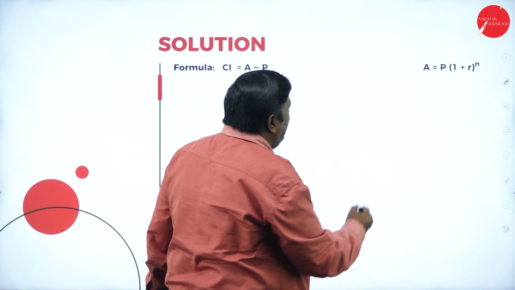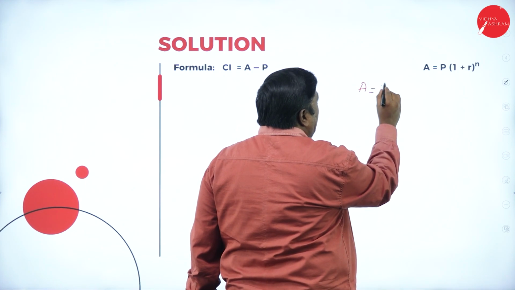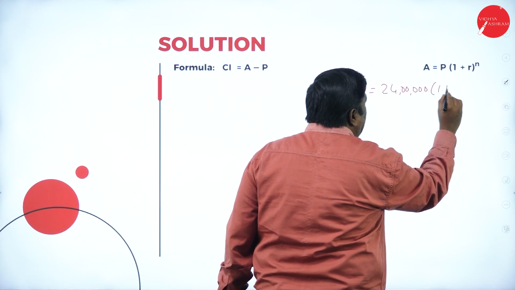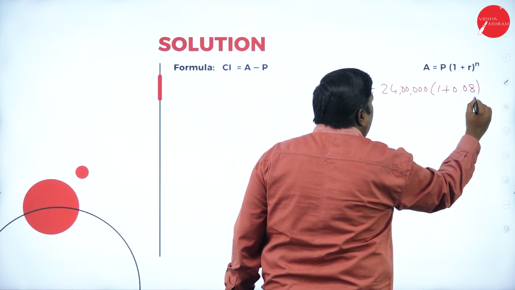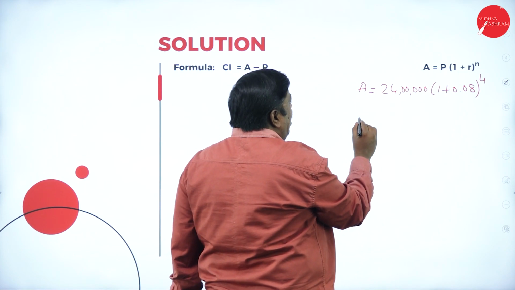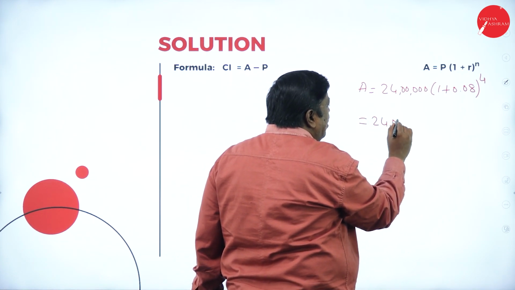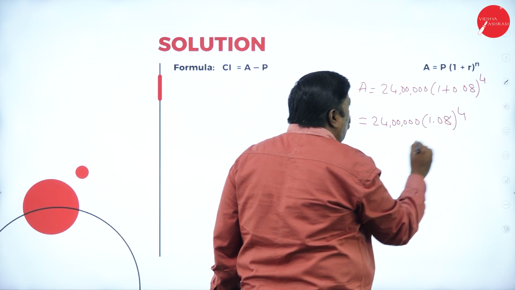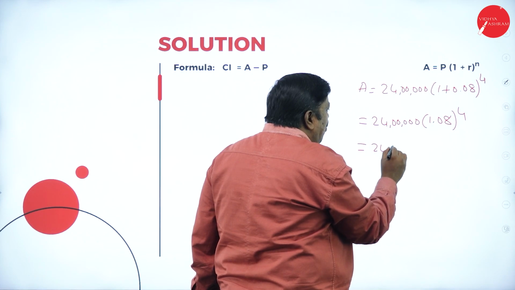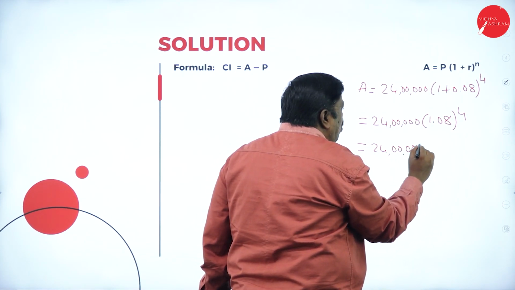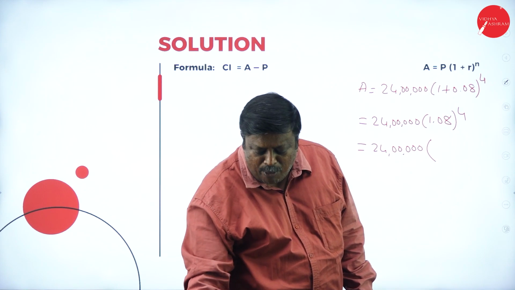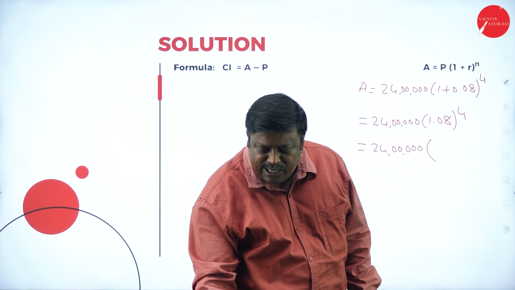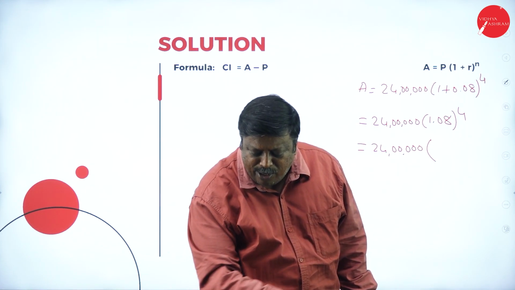So now annuity equals 24 lakhs into (1 plus 0.08) to the power of 4 years, that is 24 lakhs into 1.08 to the power of 4. We have to multiply 1.08 four times: 1.08 into 1.08 into 1.08 into 1.08.